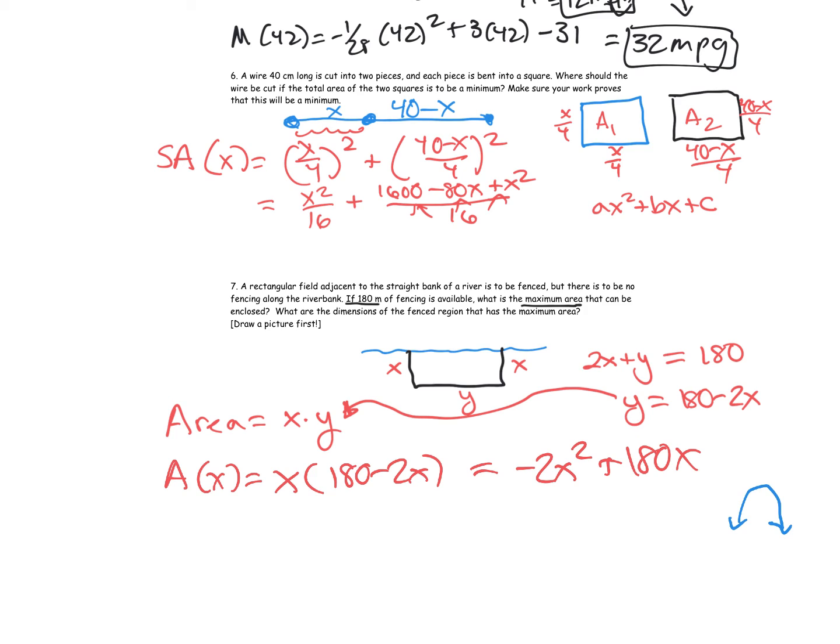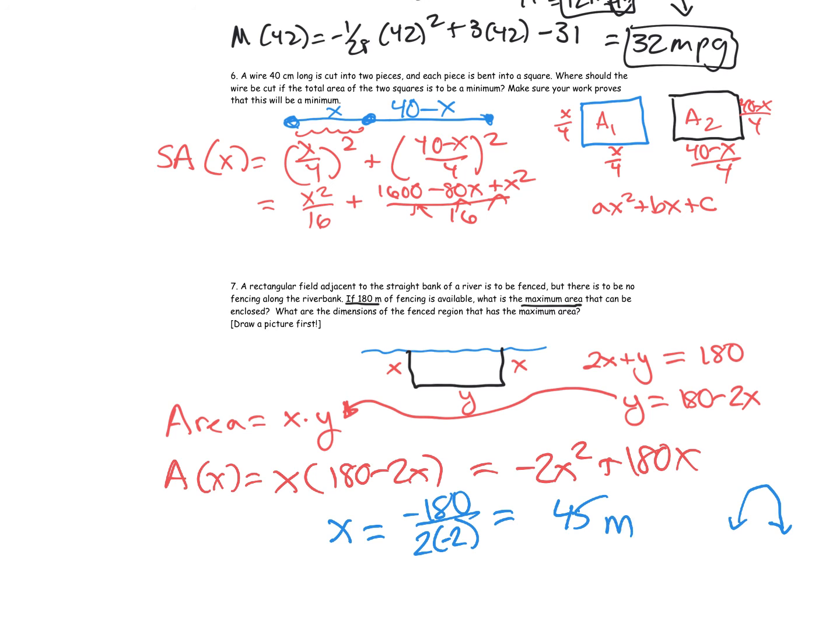And where is that max area going to occur? Well, at the vertex. So first I'm going to find the x coordinate of the vertex, which stands for the x dimension on this rectangle. So x equals negative b, so negative 180 over 2 times negative 2. So 180 over 4 is going to be 45. And what were our units here?